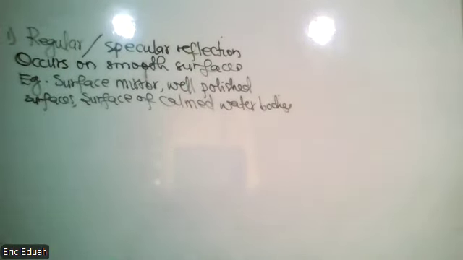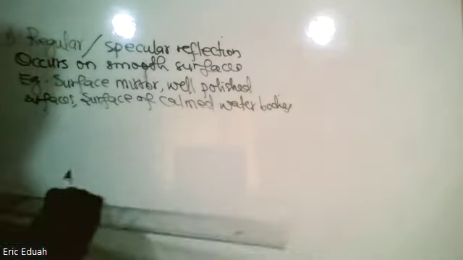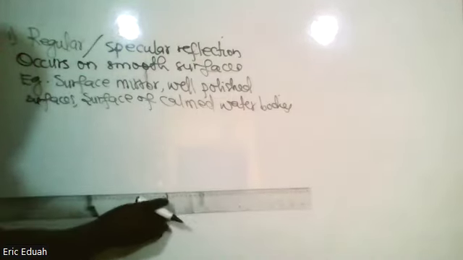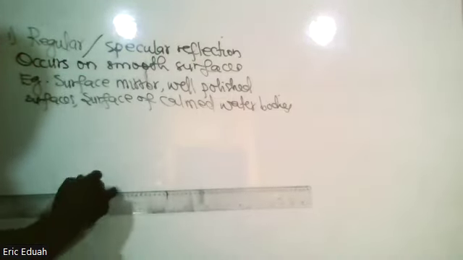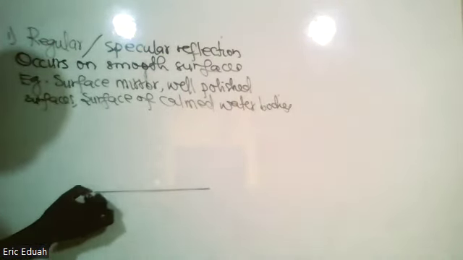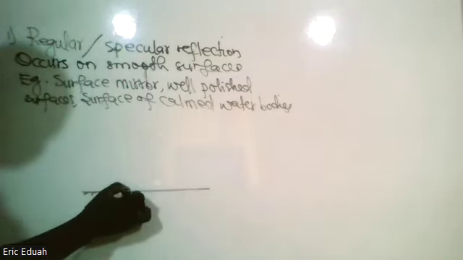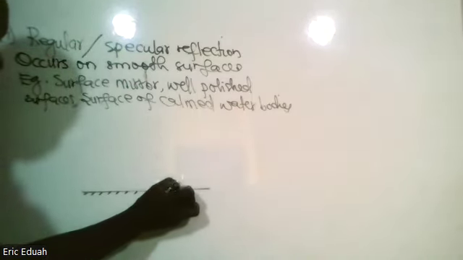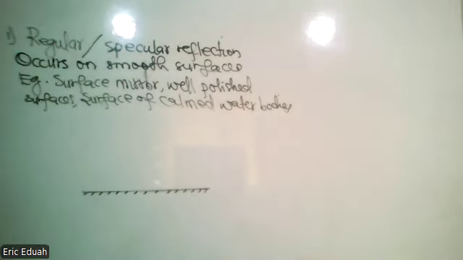Okay, now how does it happen? So we have a well-polished surface. The coated part is this. Example, a mirror surface. Before we look at reflection, let's look at rays.